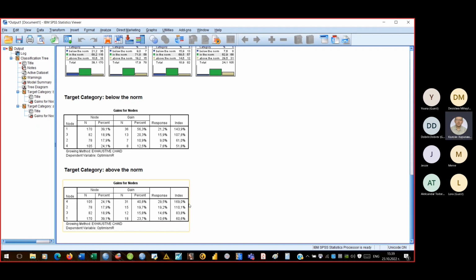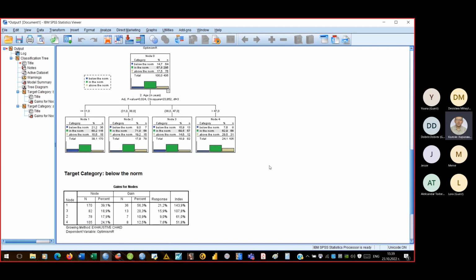And we can see here again on the tree. So above the norm here in the node number 1, 10.6%. This is the lowest percent of this category above the norm among all 4 terminal nodes.